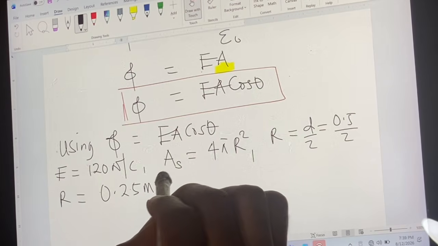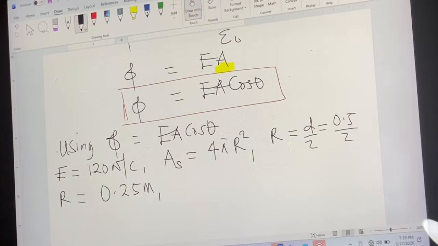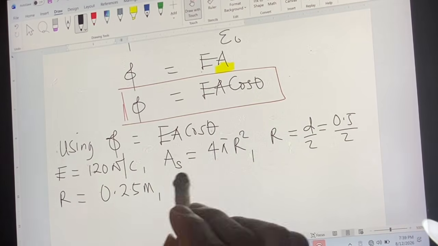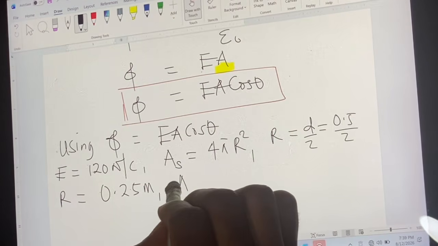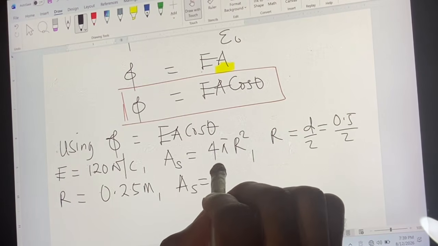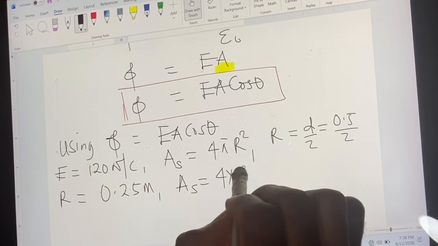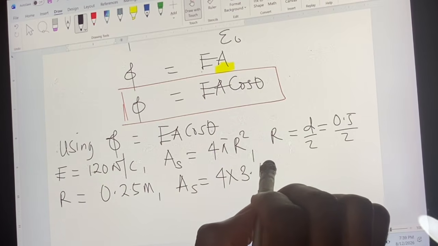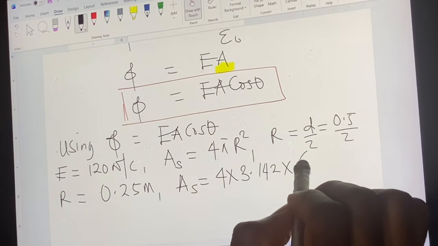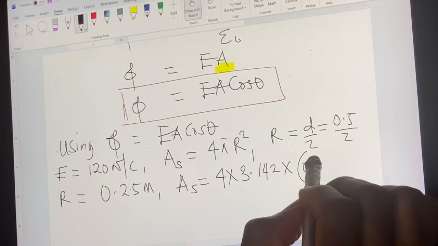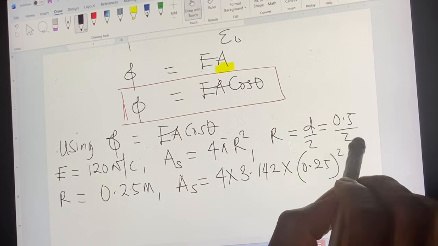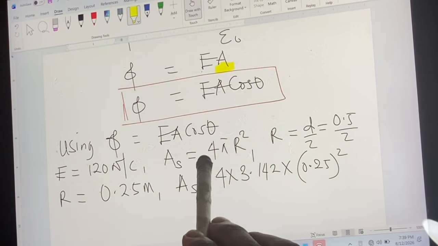When you calculate the area here by replacing the value of the radius, we have area equal to 4 times 3.142 times 0.25 all squared. We are using this formula here.